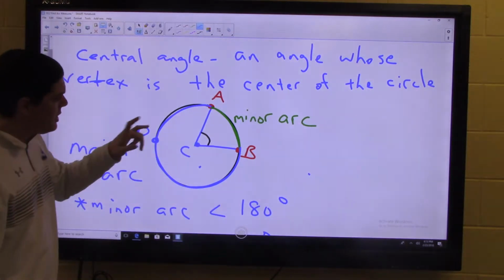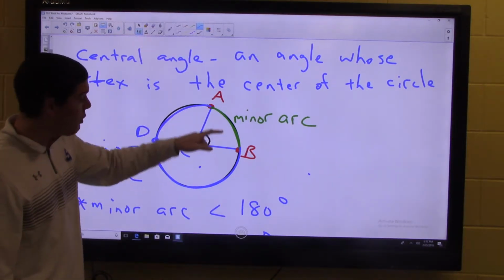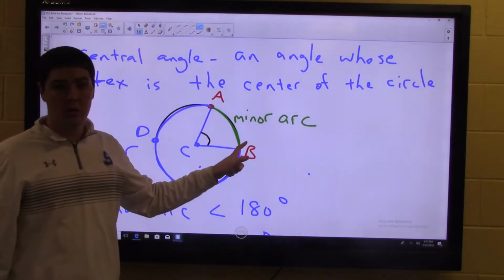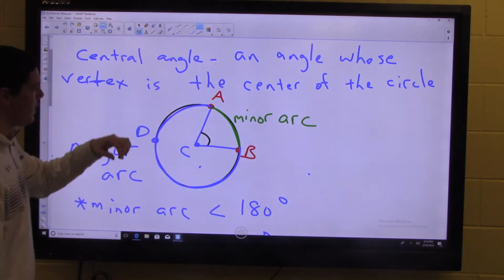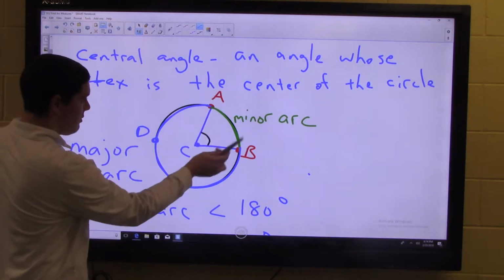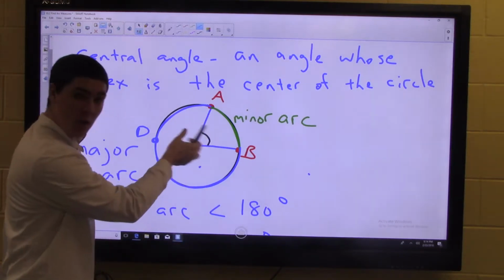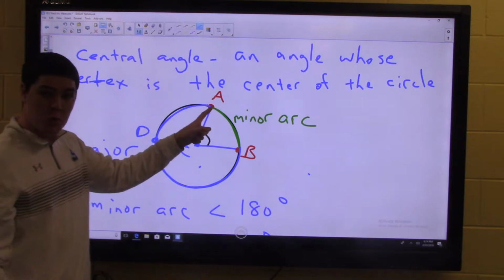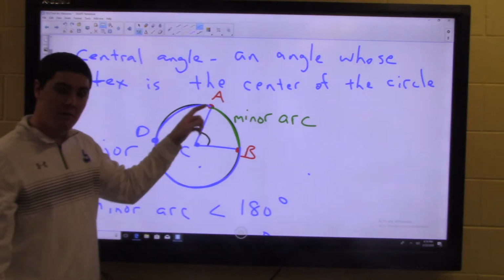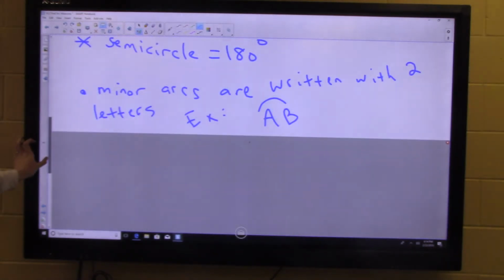So you might think AB is this arc, or you might think AB is this other arc. If we didn't know that fact, then you might be confused as to which arc we're talking about. So that's why we write minor arcs with 2 letters. So now I know for sure that that's the arc we're talking about, AB, just from there to there. Okay. So with that being said, let's keep going.